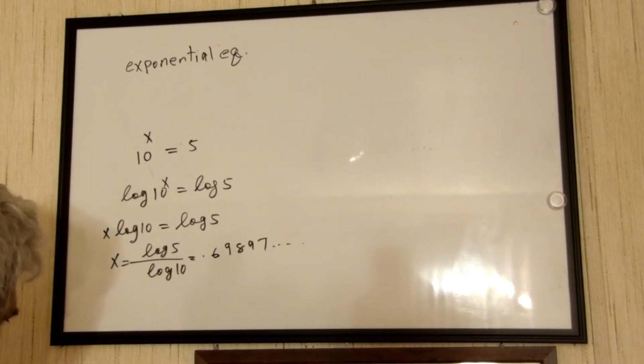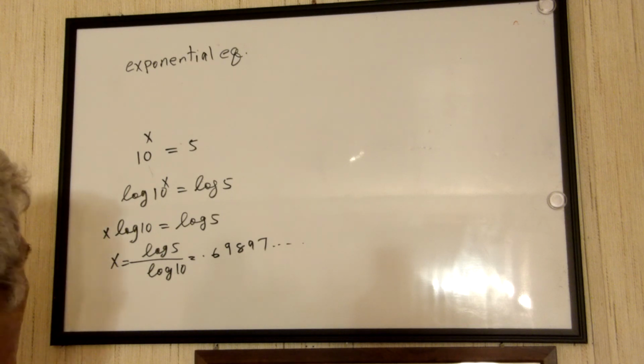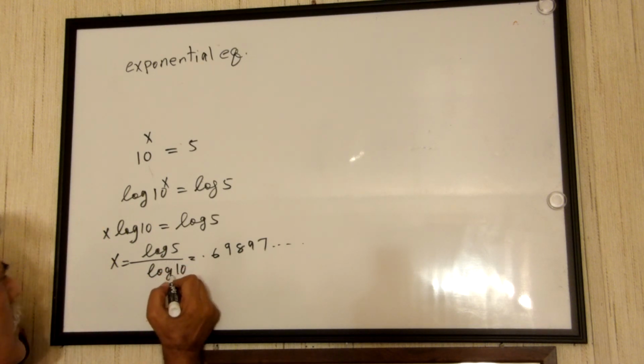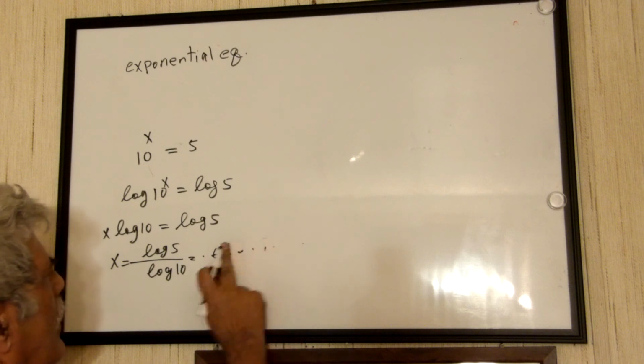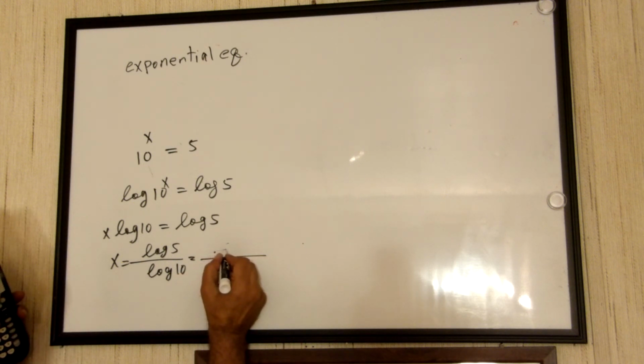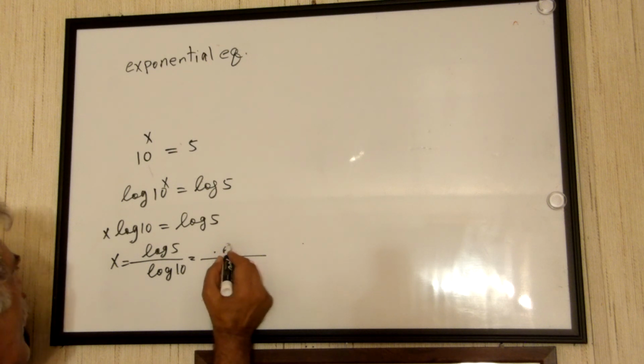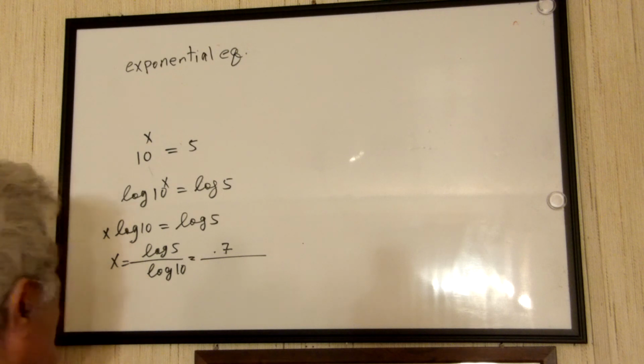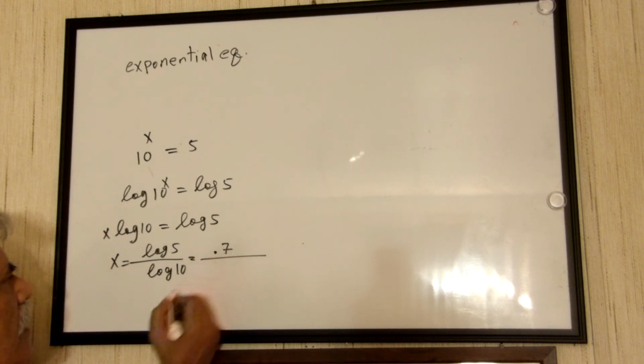Actually what happens, you see, log of 5 is about 0.7, okay? It's 0.7, we just rounded to 1 decimal place.